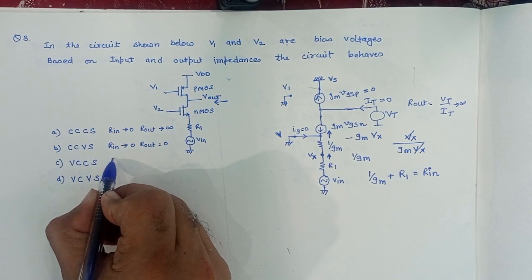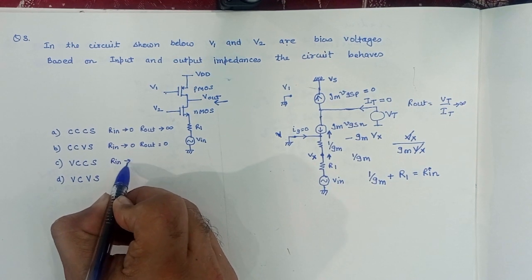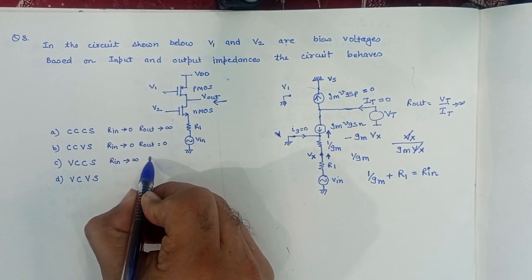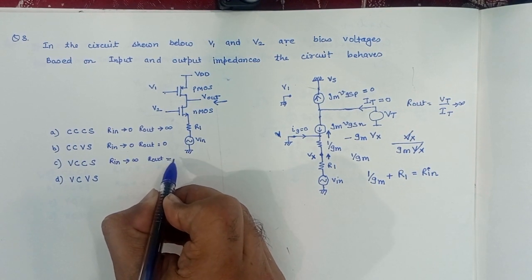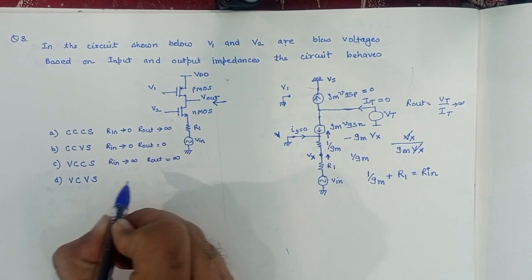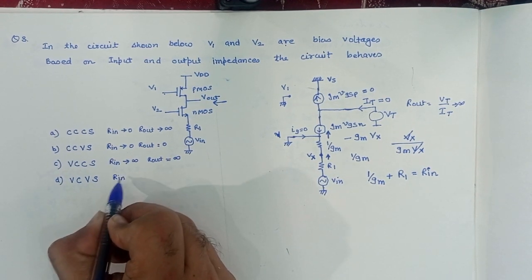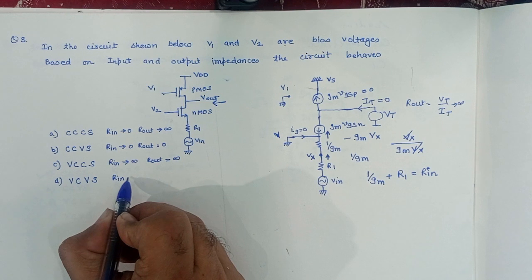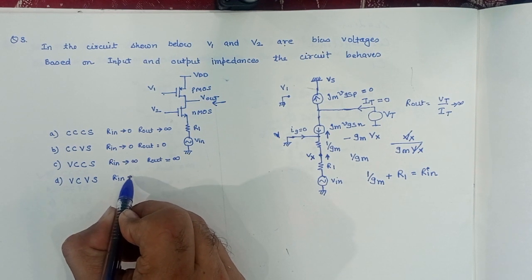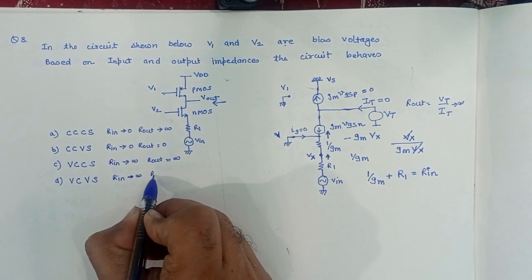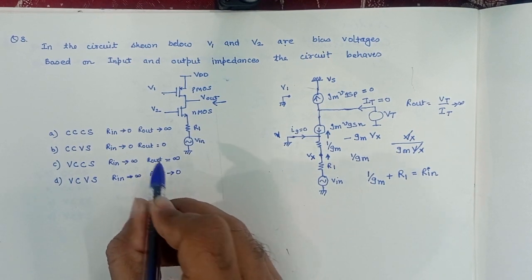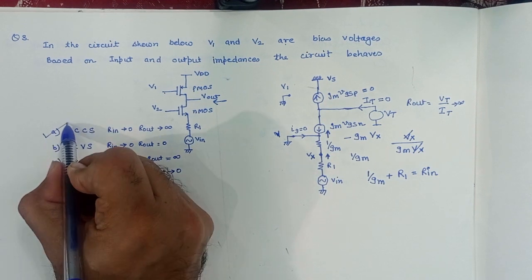Voltage controlled current source is having input impedance equal to infinite and output impedance equal to infinite, and voltage controlled voltage source will be having input impedance equal to infinite and output impedance equal to 0. So now option A is correct.